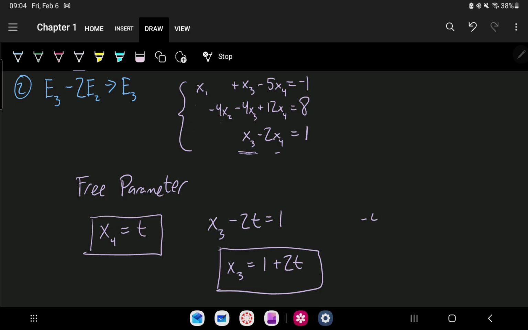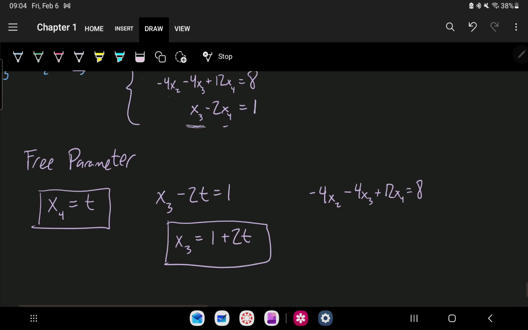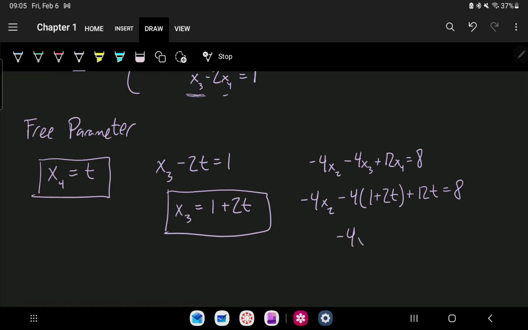So on, we can use the second equation to solve for x2 by plugging in x3 and x4. Notice we're doing the exact same thing as we did for the one solution, only we're just using a variable this time. So I have negative 4x2 minus 4 in parentheses, so we don't forget to distribute, plus 12t plus 8. And this is solvable, right?